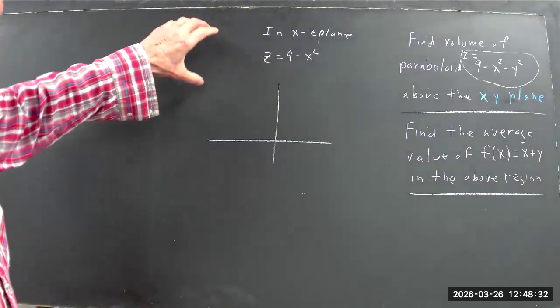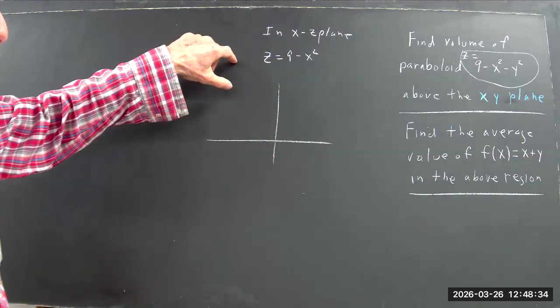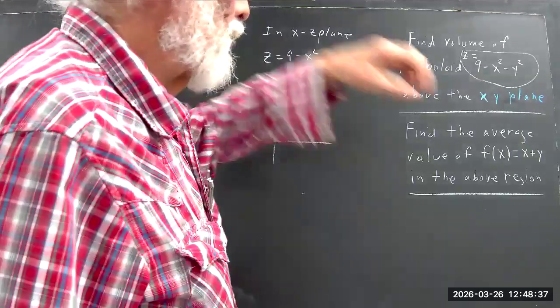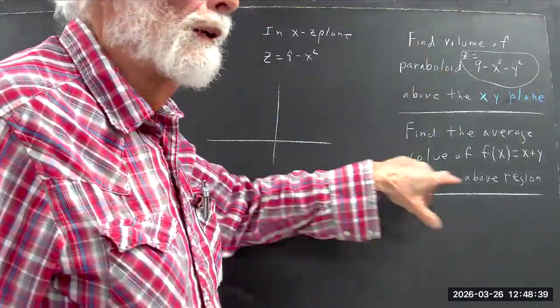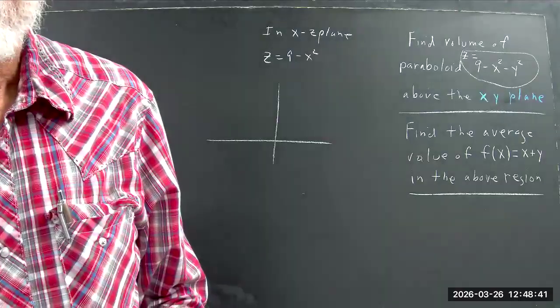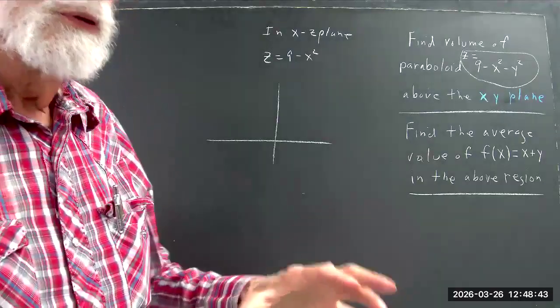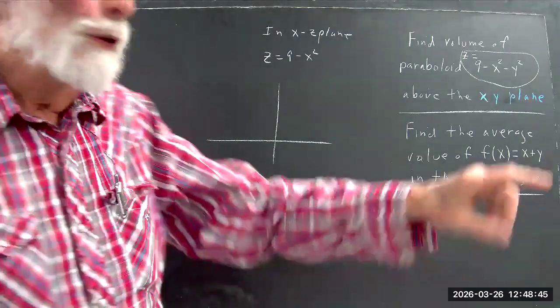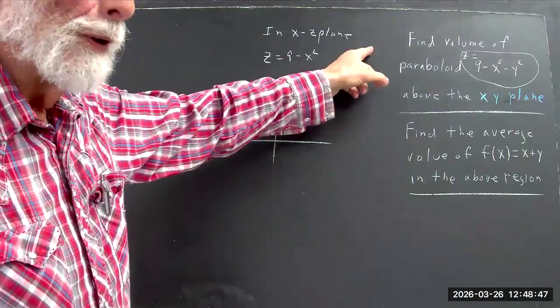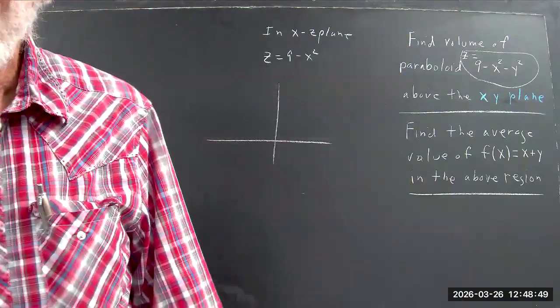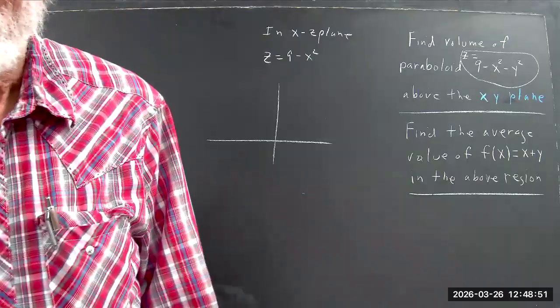And so I'm breaking it down to just one plane. Okay? This is ultimately going to require a triple integral. And you've already been through double integrals, so I'm going to do this one with a double integral, but then I'm going to show you how to do it with a triple integral.